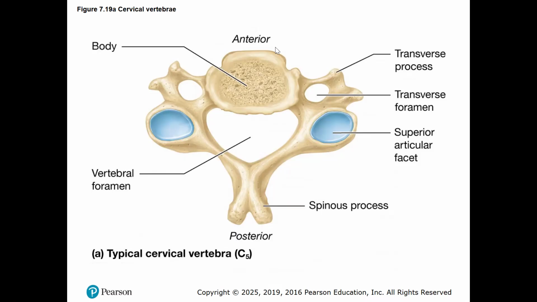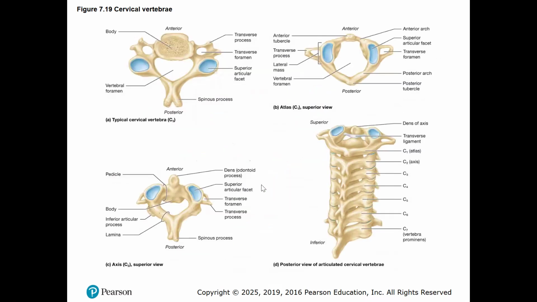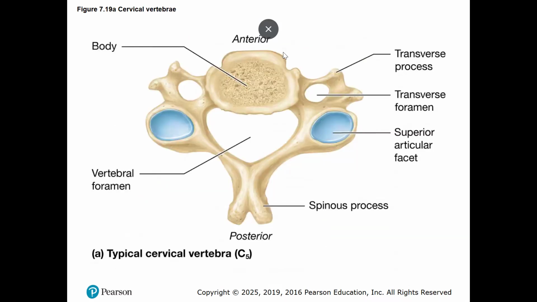As you go on down, you see now we're getting into a larger anterior body, and you're beginning to see more spiny processes on the posterior aspect. Notice here you don't have a spiny process, here you have a little one. But as we go down to C5, notice how they go from smaller to larger. Same thing with the body of the vertebrae. They go from smaller to larger.